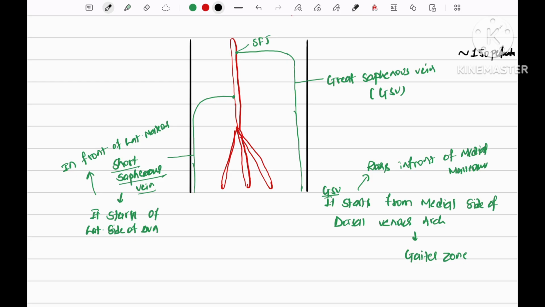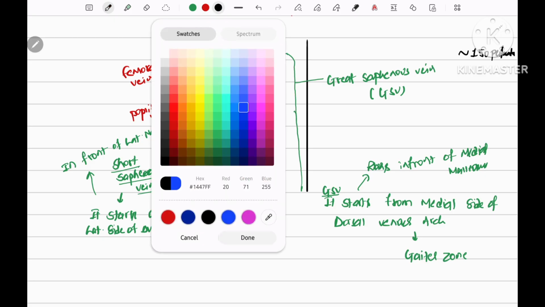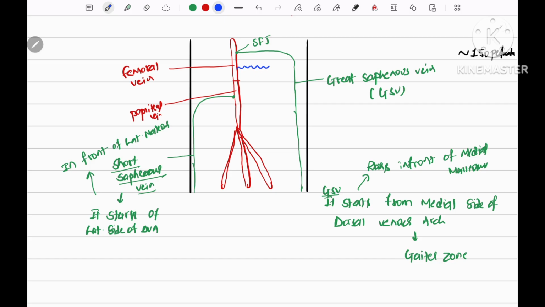Let's simplify. This area is the femoral vein, and this one is the popliteal vein. Here at the level of the femoral vein there is one perforator, which joins the great saphenous vein.